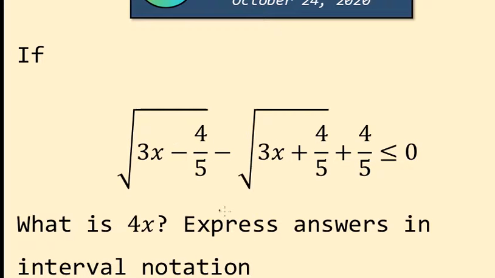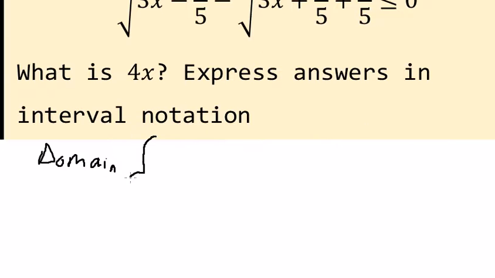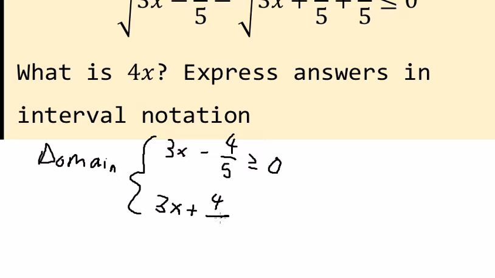We have two square roots. So for the domain, we need (3x - 4)/5 to be greater than or equal to 0, and (3x + 4)/5 to be greater than or equal to 0.